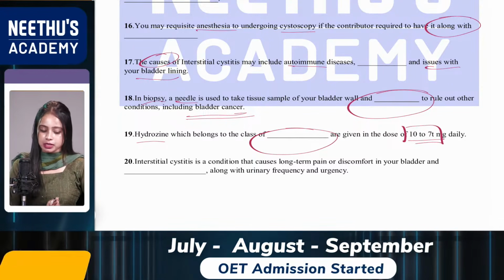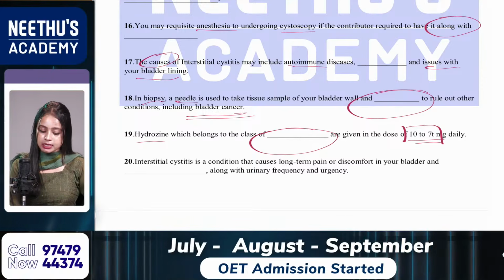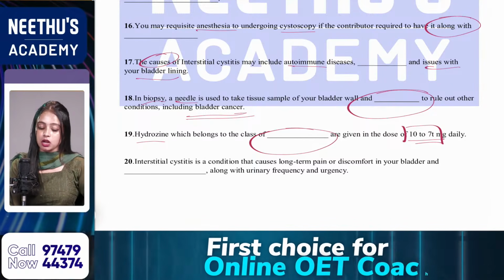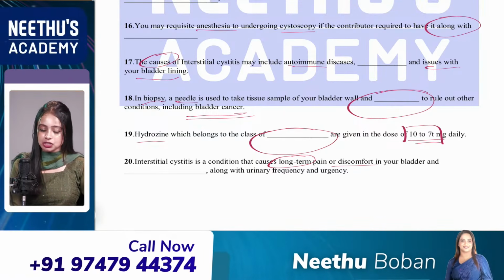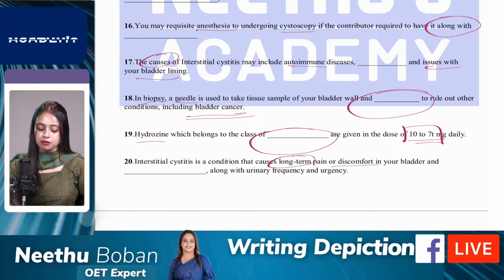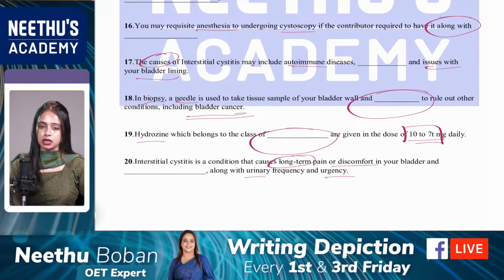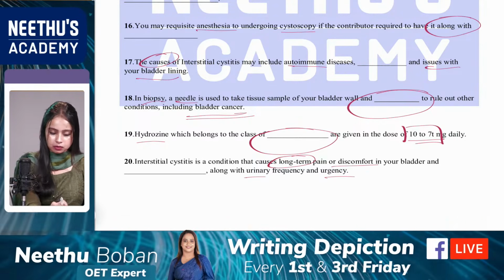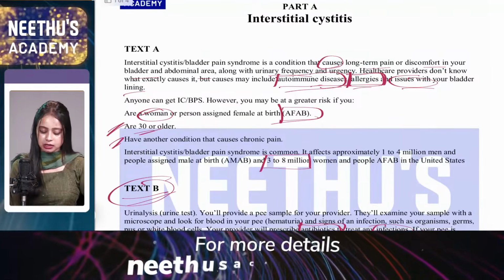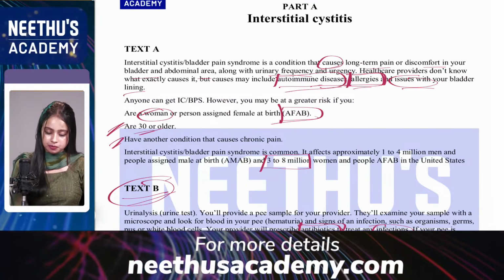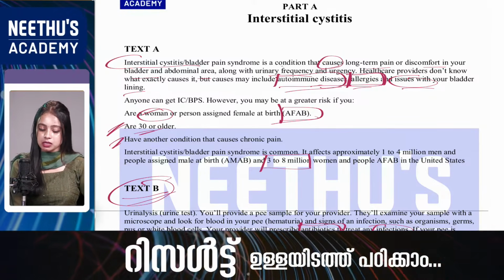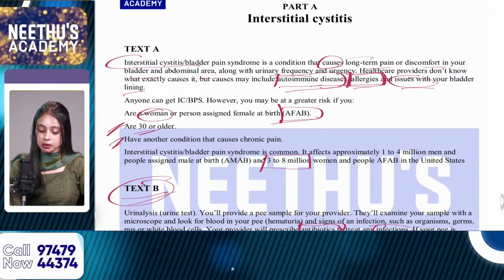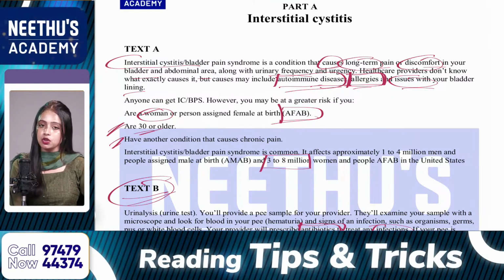So what about the final question, number 20. Interstitial cystitis is a condition that causes long-term pain or discomfort in your bladder and dash, along with urinary frequency and urgency. What is the correct answer here? It is mentioned in text A: interstitial cystitis or bladder pain syndrome is a condition that causes long-term pain or discomfort in your bladder and abdominal area.